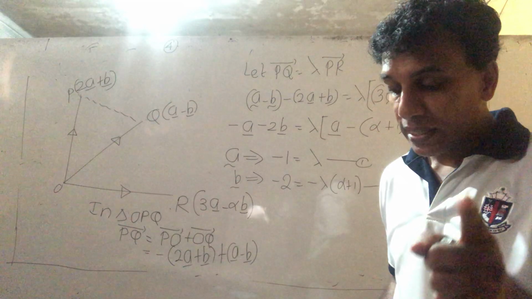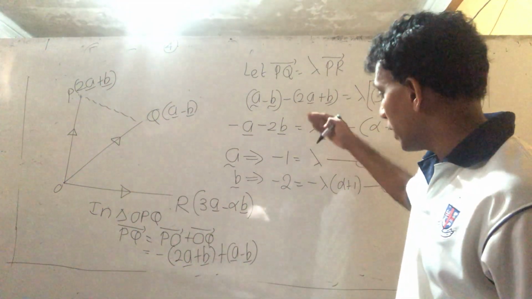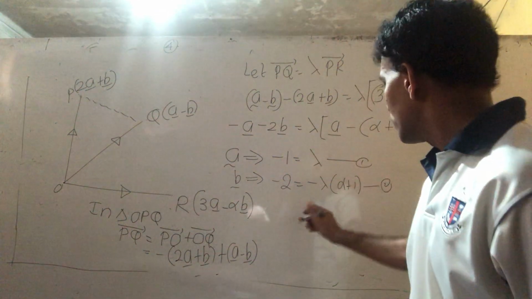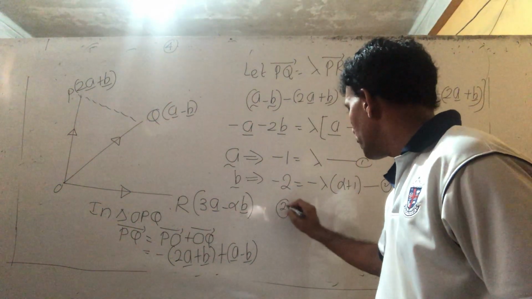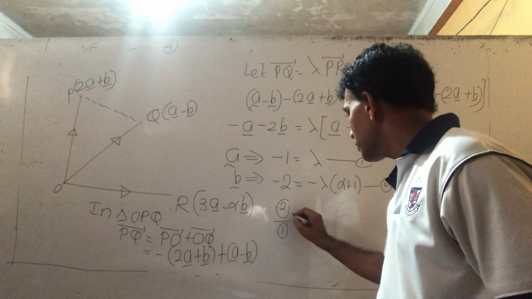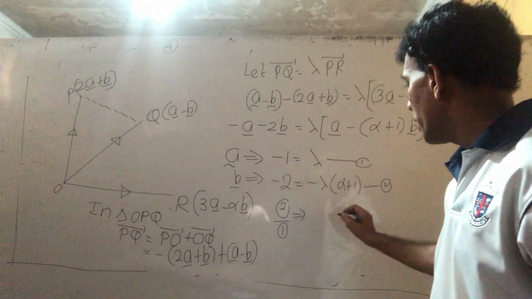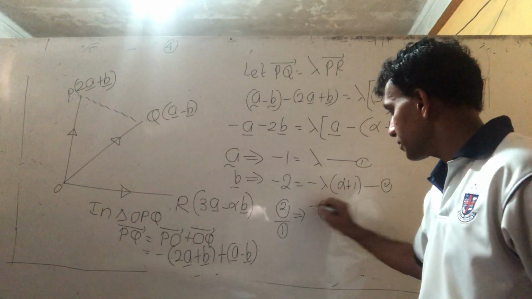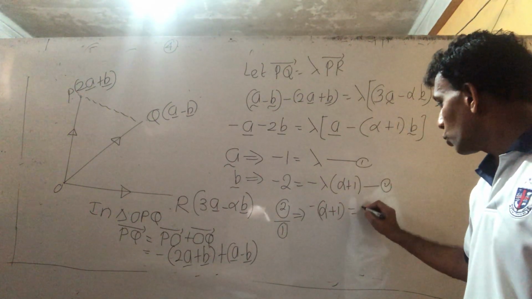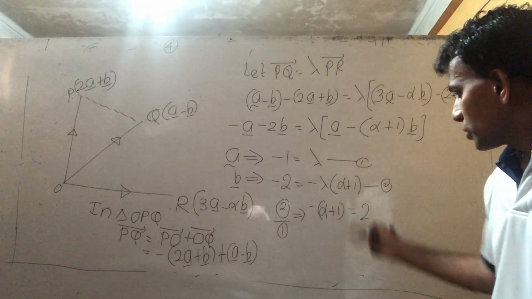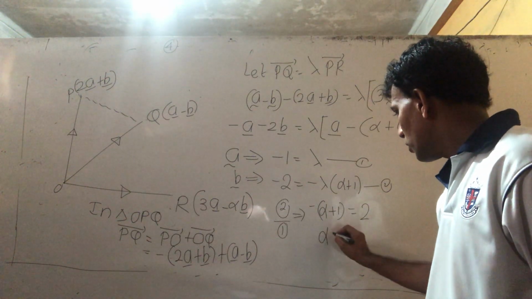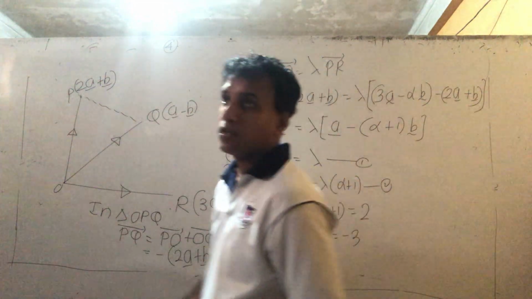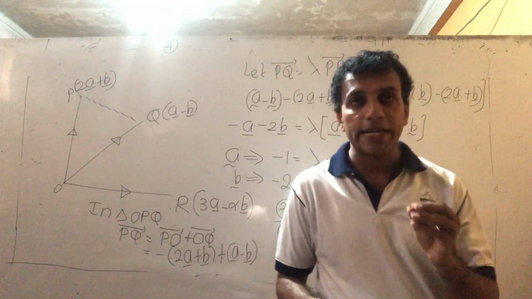The question is to find the alpha value. So now substitute for lambda here, or divide. If I divide 2 by 1, alpha plus 1, but there's a minus, and 2. So simplify: alpha equals minus 3. Alpha equals minus 3.